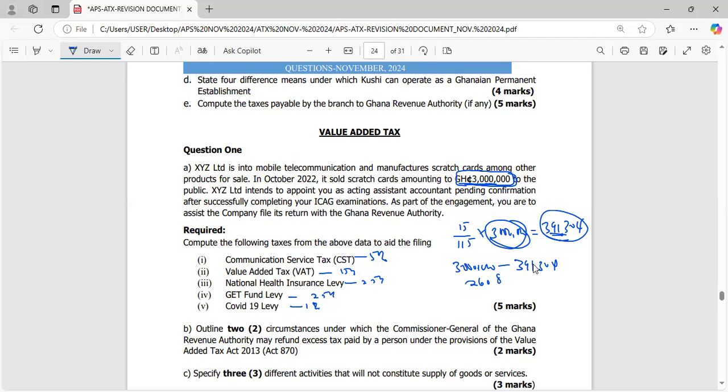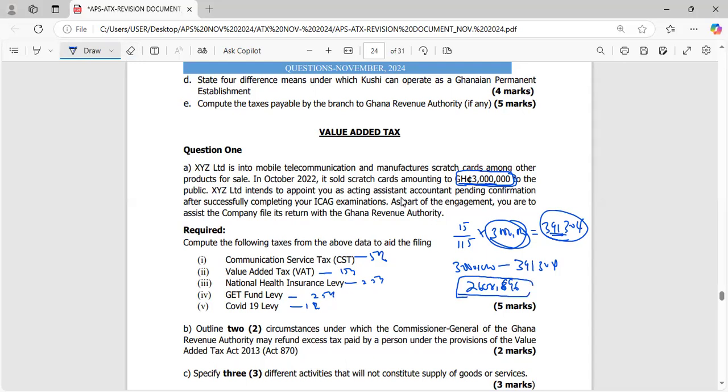It will be more than that. 2,608,696. Now this value is the levies inclusive amount.